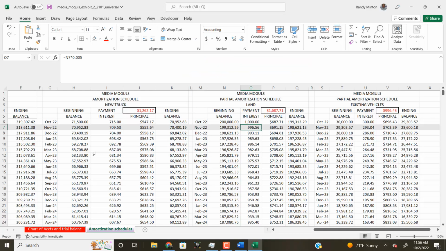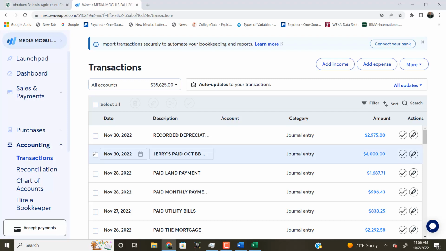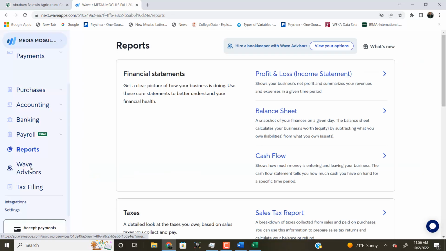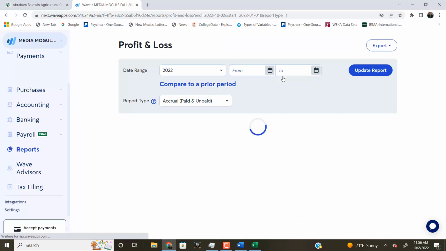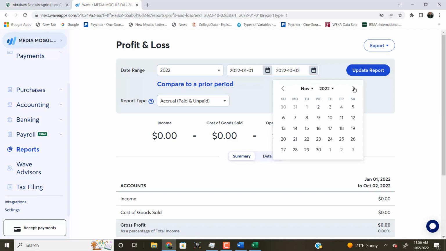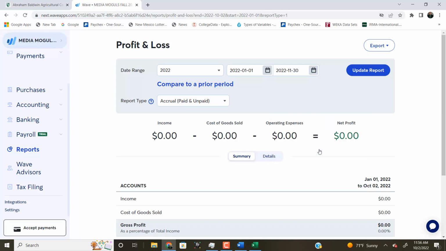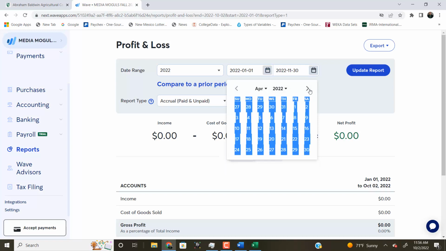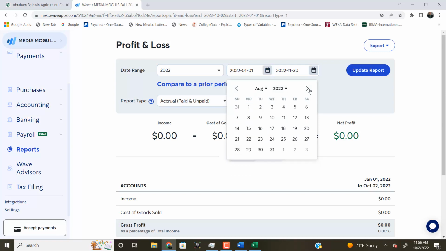I'm not asking for the statement of cash flows, just the income statement and the balance sheet. So let's go down to reports. Profit and loss. Sometimes this thing works weird, and I sometimes have to start with the last date for it to let me work with the first date. I don't know why that is. Really kind of crazy.